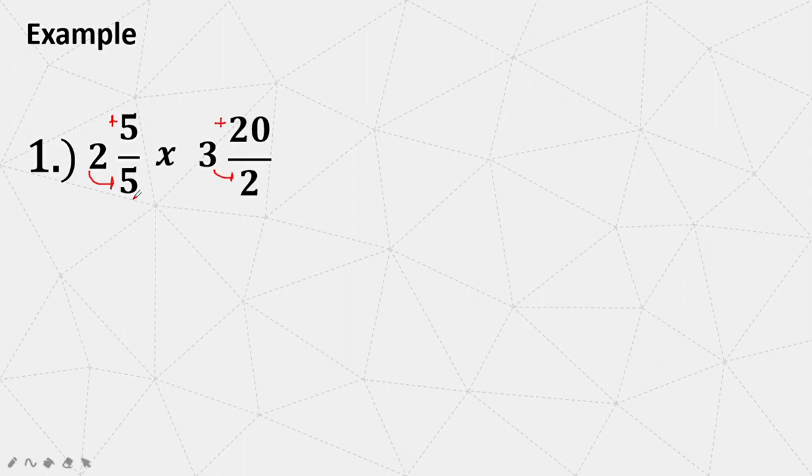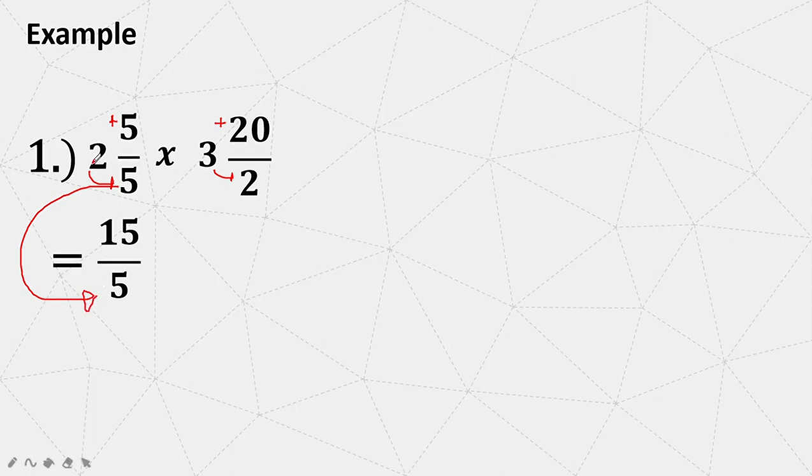Now, let's say, 2 times 5 is equal to 10 plus 5. Okay, dito. 2 times 5 is equal to 10 plus 5 will give us 15. Okay, 15 over 5. So, bakit may over 5? Kasi dito, lagi niyong tandaan, ikakopy niyo si denominator.